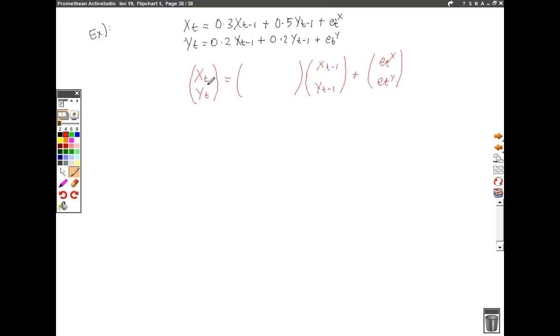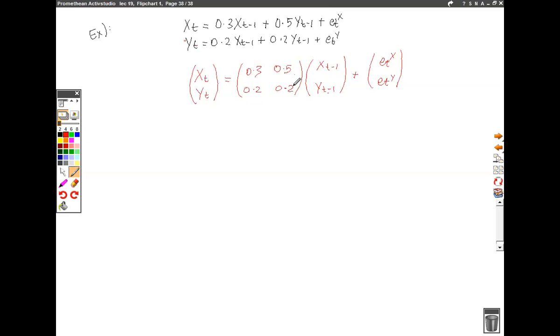So I know that to get xt, I have to multiply the terms which will be here with xt minus 1 and the term which will be here with yt minus 1 and then plus etx, right? So the coefficient of xt minus 1 for xt is 0.3 and the coefficient of yt minus 1 for xt is 0.5. Similarly, for yt, I'll have 0.2 here and 0.2 there, right?